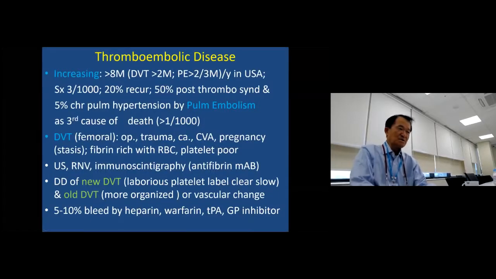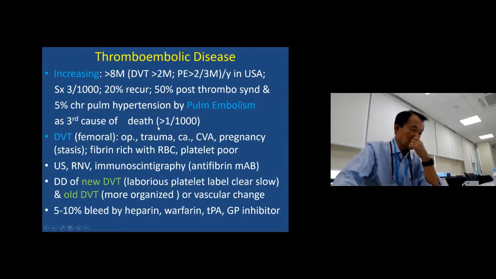So thromboembolic disease is a major problem in every country, because we are living longer and longer. So this thromboembolic disease has been the third cause of death, probably more than that nowadays.